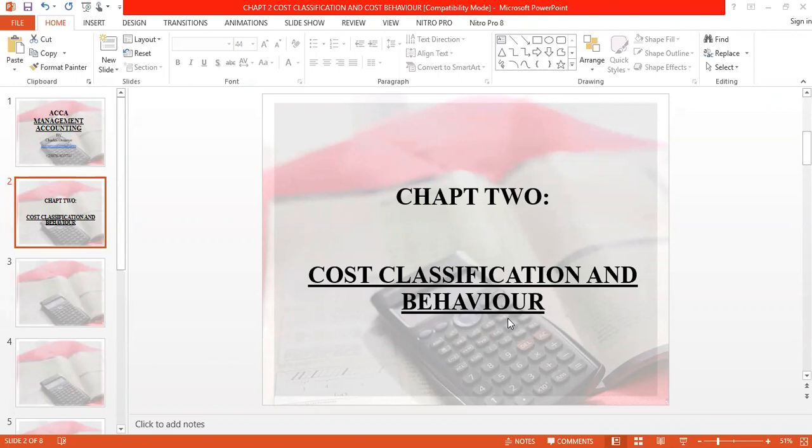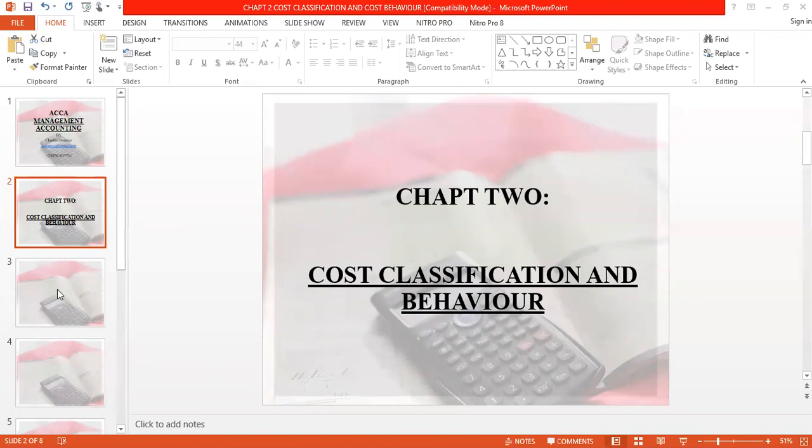We defined what cost is in chapter 1. Today we want to look at how we classify costs. I don't want to mix classification with the calculations part of behavior, so I'll focus on cost classification, and on a different day we look at cost behavior computations.